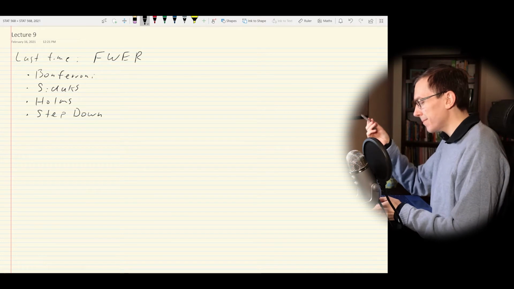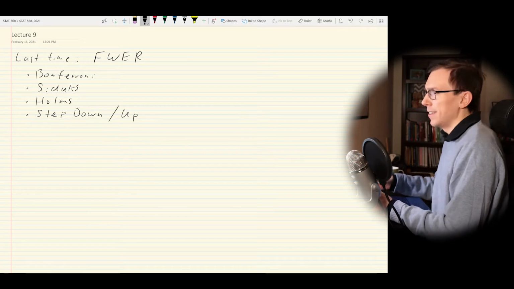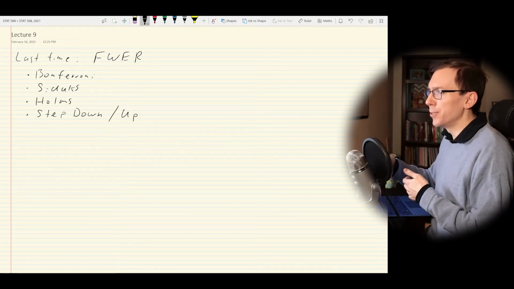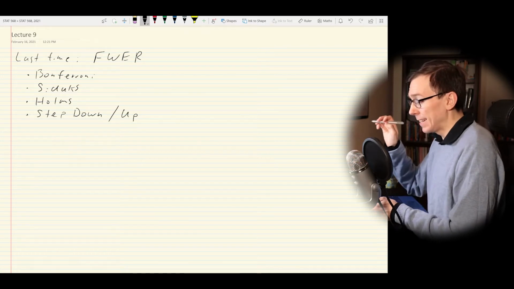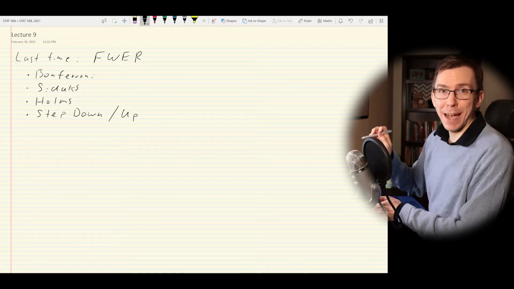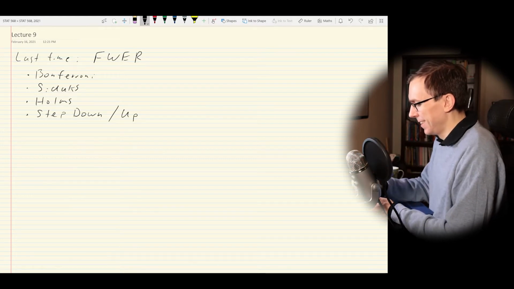So I'll say step-up or step-down. And there are some finer points to one versus the other, but we're not going to get into that now because we eventually want to get back to more experimental designs, but I still think this is a worthy diversion.